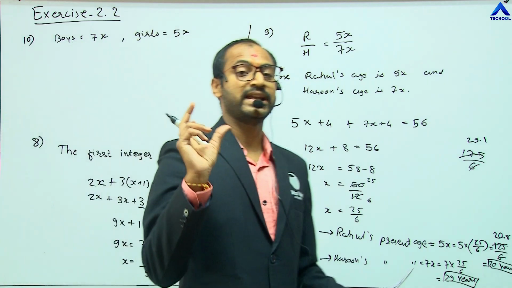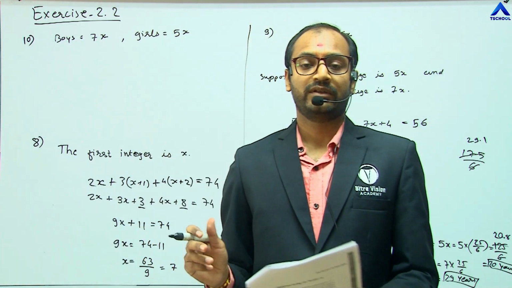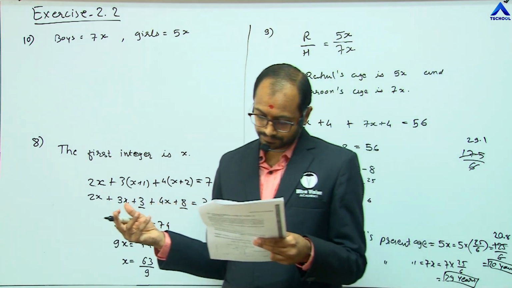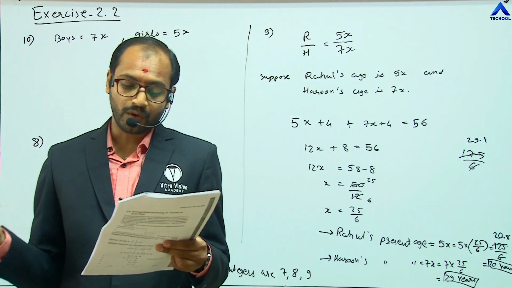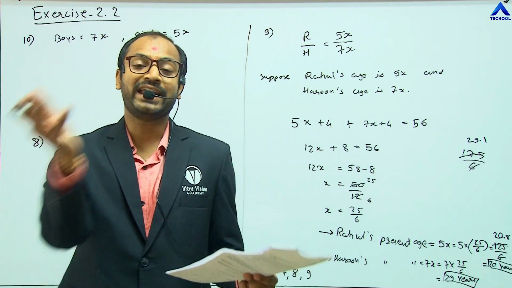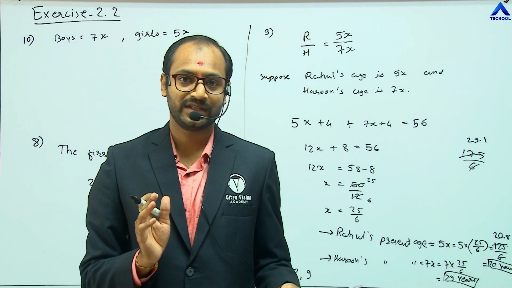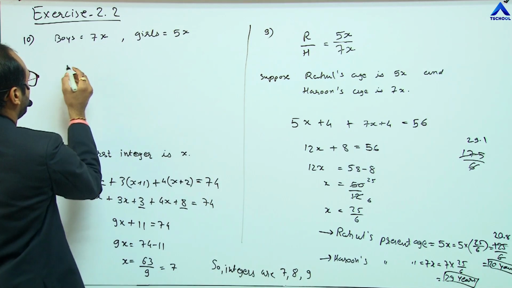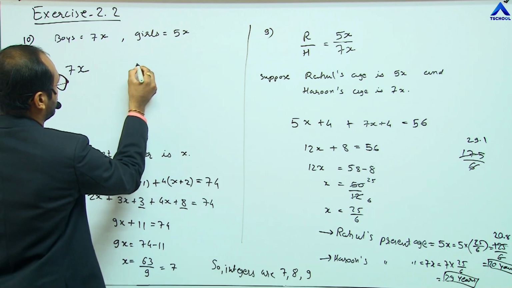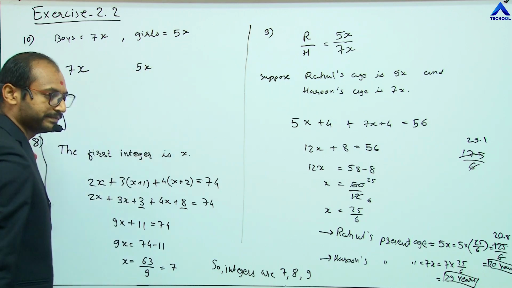Understand this sentence. Who are more? The number of boys is 8 more than the number of girls. So here, let us take the number of boys as 7x and the number of girls as 5x.